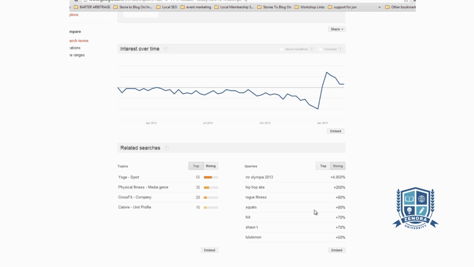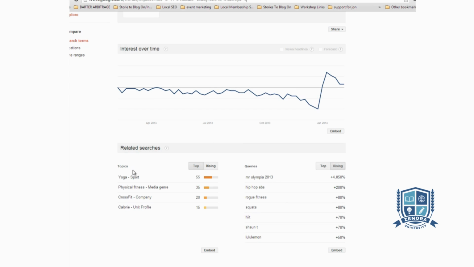Now, you can see here that there is something called hip hop abs. That's increasing by 200%. Rogue fitness. I don't know what those things are in particular, but they would be worth investigating to find out if there are products that you can sell that are similar to this or that will help people to solve the same issue.